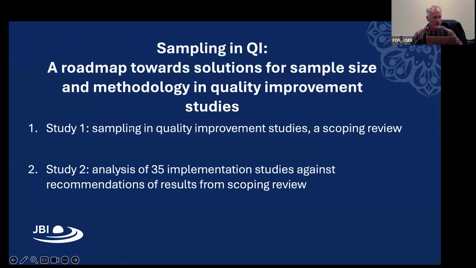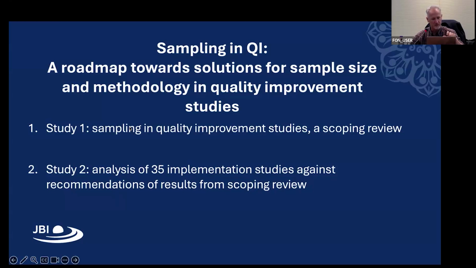And so where we're going for the next 50 minutes together is we're going to look at a roadmap towards solutions in sample sizes and methodology for quality improvement studies. I'm going to present some background and some context, and then a scoping review. We did a rapid scoping review on sampling, and I'd like to share that with you.